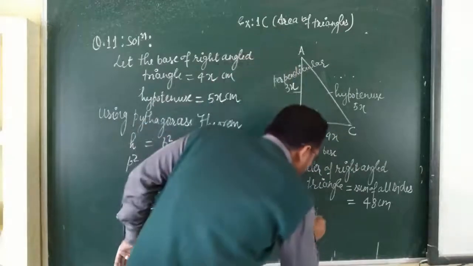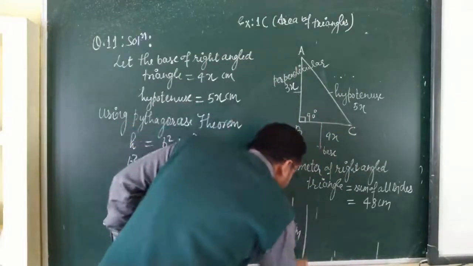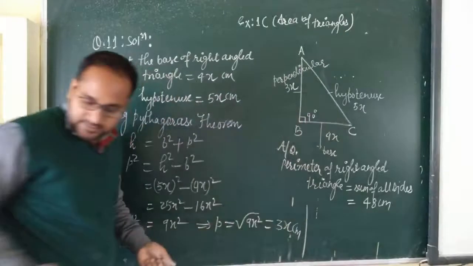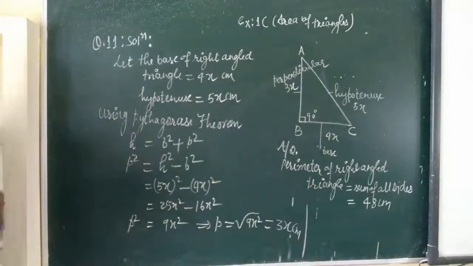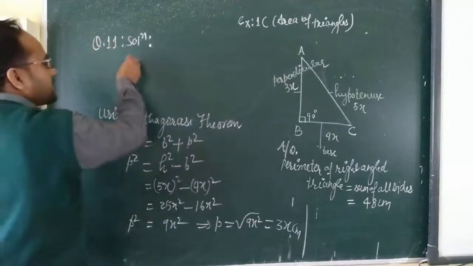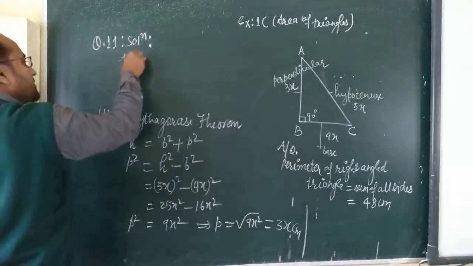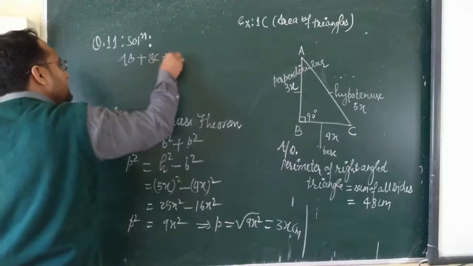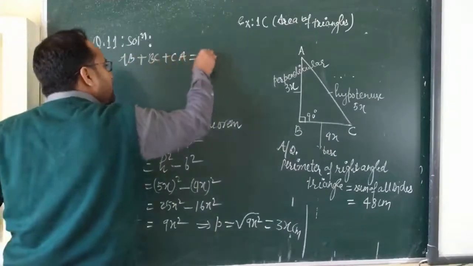So see this one, students. The sum of all sides, AB plus BC plus CA, is equal to 48.